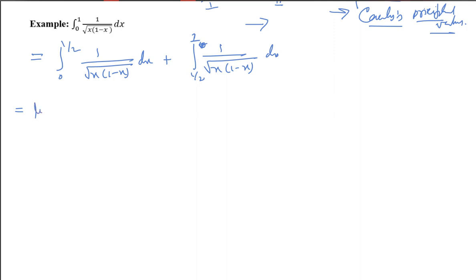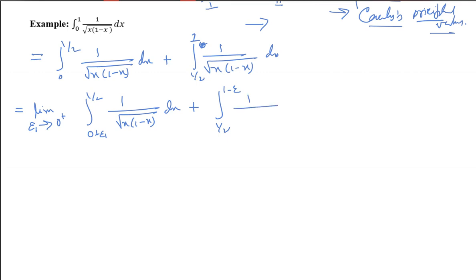At 1 we have a point of discontinuity, so you can write the limit epsilon 1 tends to 0 plus of the integral from 0 plus epsilon 1 to 1 by 2 of 1 by root under x into 1 minus x dx, plus the limit epsilon 2 tends to 0 plus of the integral from 1 by 2 to 1 minus epsilon 2 of 1 by root under x into 1 minus x dx.